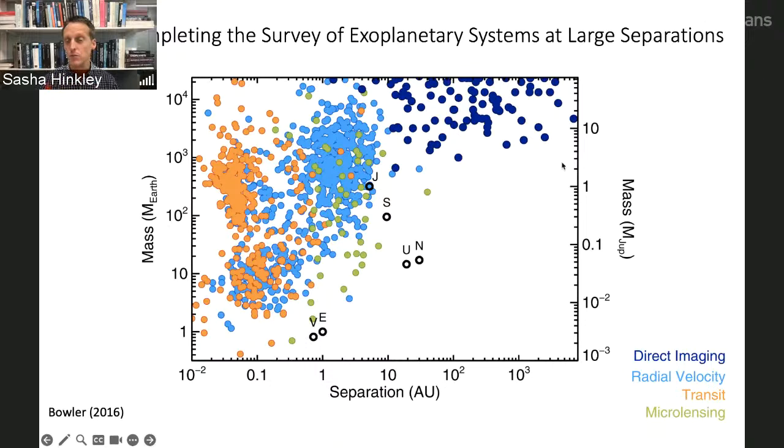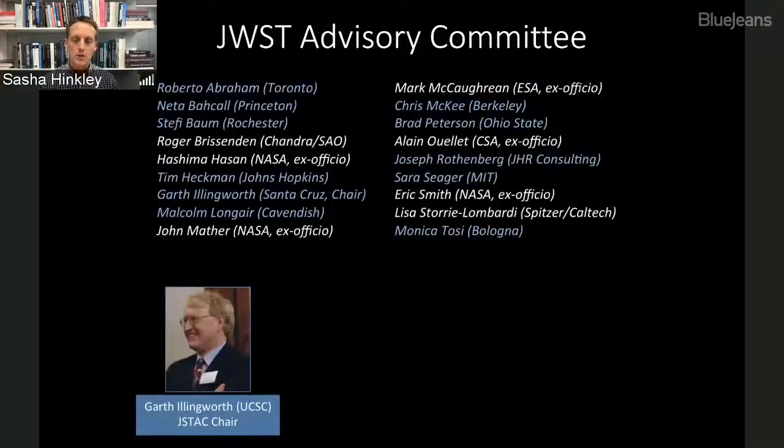We really haven't been able to detect anything less massive than about 2 Jupiter masses up until now. And really this lower right-hand corner of this parameter space is really unprobed. And we'd really like to understand the degree to which analogs of our own Saturn or our Neptune are present in this region of parameter space. And it's only JWST that's going to have access to this region of parameter space for the foreseeable future.